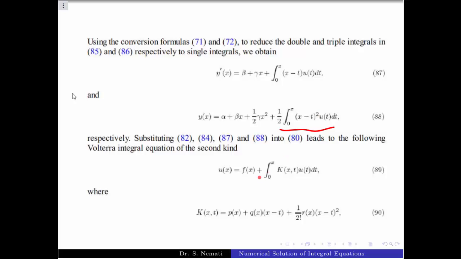And for being more clear, we can introduce some notations.